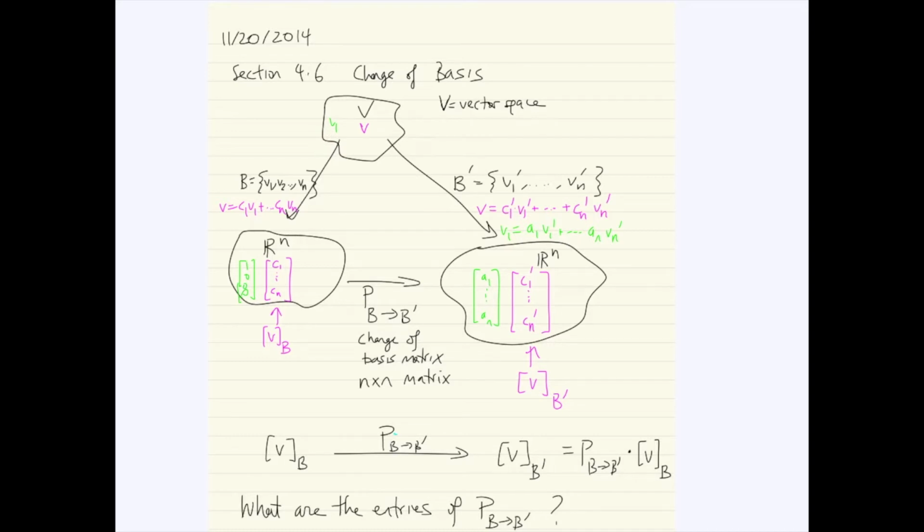Okay, now suppose we had a different basis, B primed, consisting of some other n vectors, v1 primed up to vn primed.